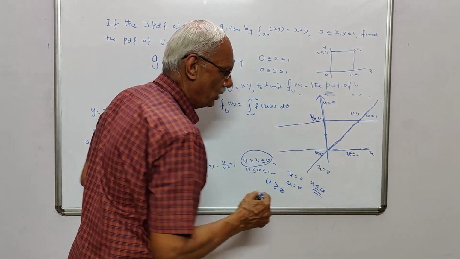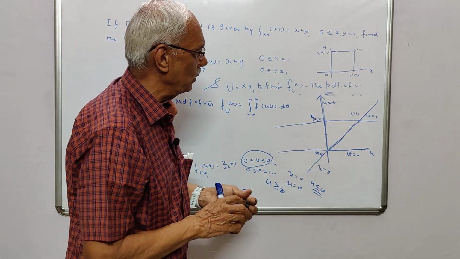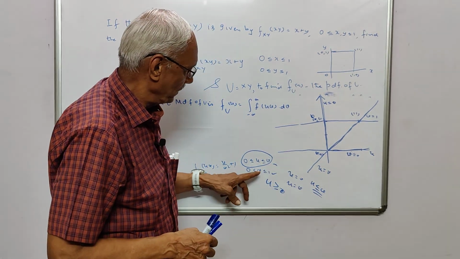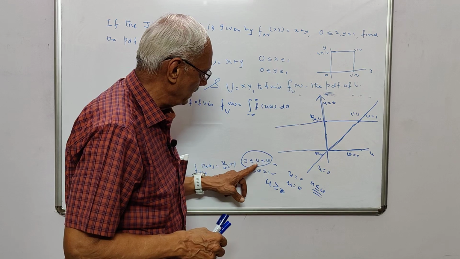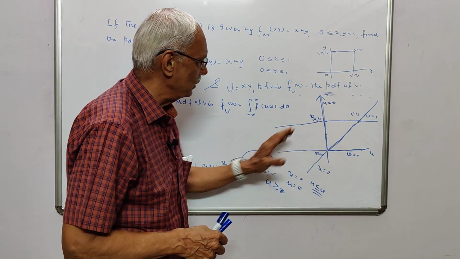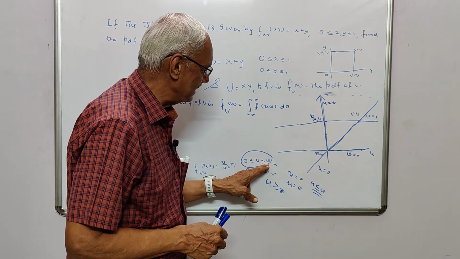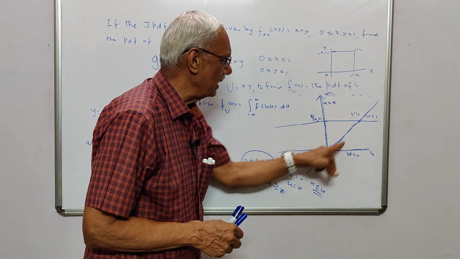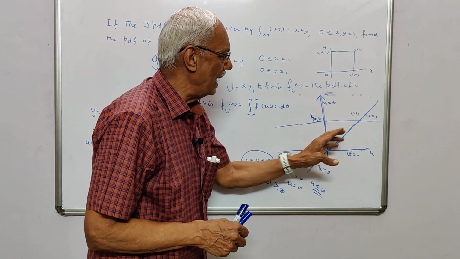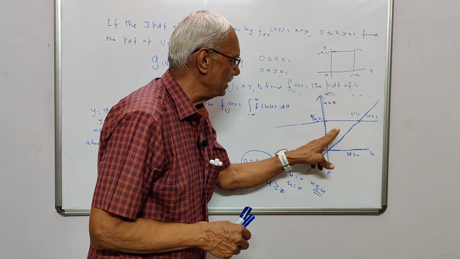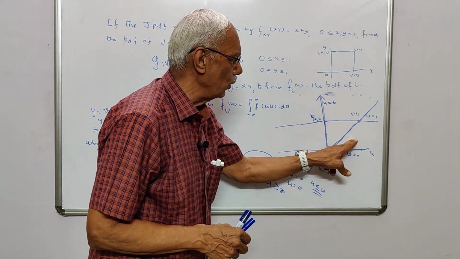Now I'll explain this again because you must be able to understand. So u greater than or equal to 0 means all points lying to the right. And u is less than or equal to v means you draw the line u is equal to v and decide whether to choose the upper region or the lower region.